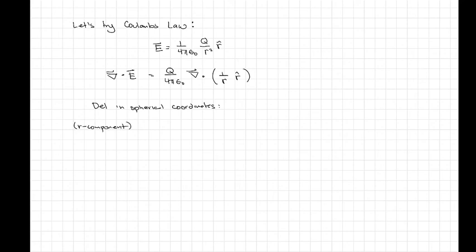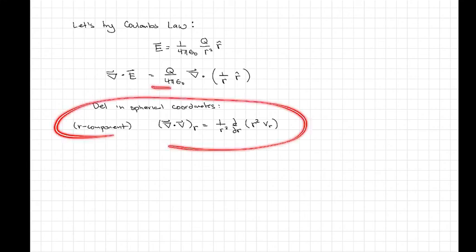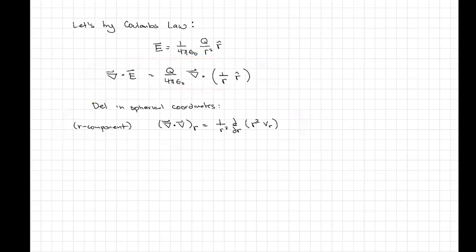When I do that, I'm going to find that just the r component of my del operator looks like this. I want to take 1 over r squared times the partial derivative in the r direction of r squared times whatever my vector field is, that component in the r direction. So this is what I get at the back cover of my book, but I want to apply it to this particular problem up here.